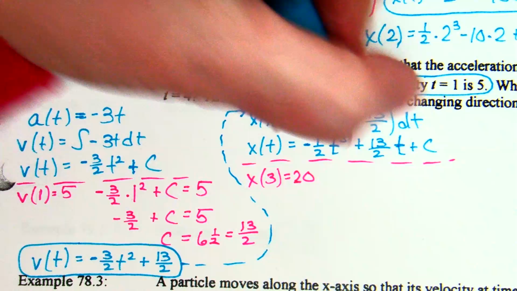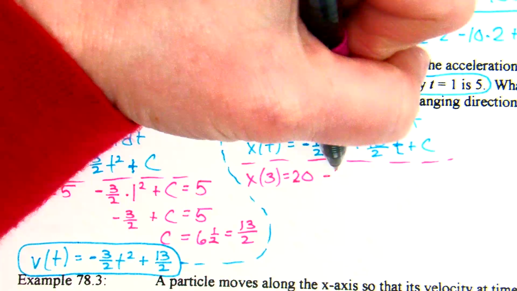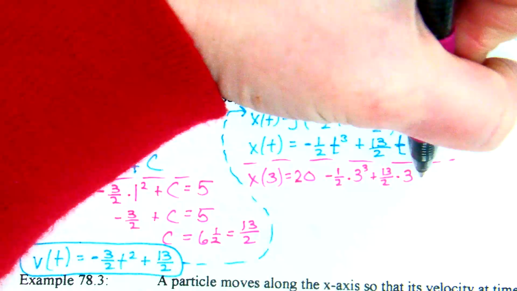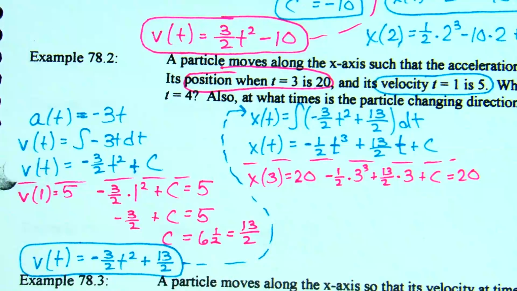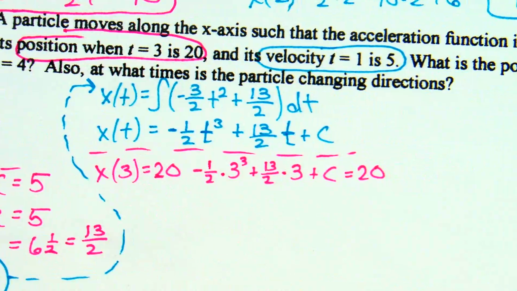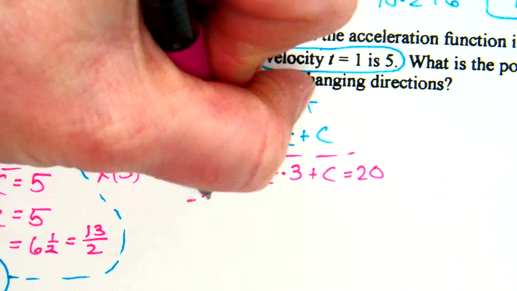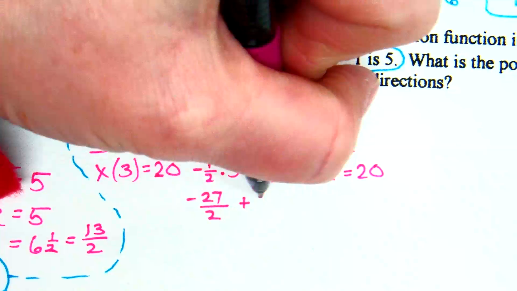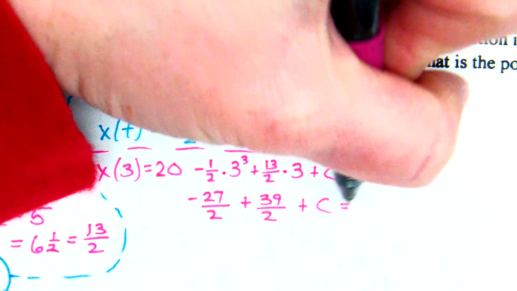So negative 1/2 times 3 cubed plus 13/2 times 3 plus c equals 20. Cubed is 27 times negative 1/2, so negative 27/2. 13/2 times 3 is 39/2, plus c equals 20.